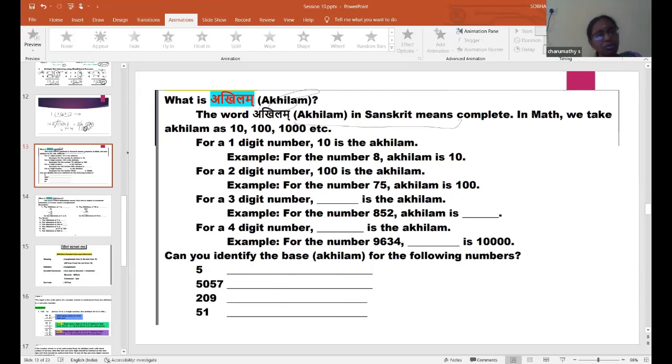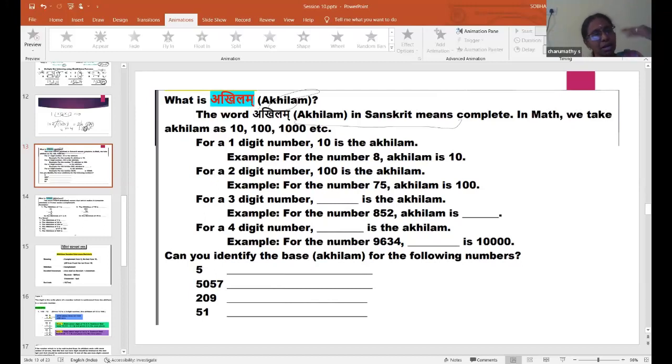For that matter, we have to reframe the word for class 5 in such a way that for any 1-digit number, the smallest 2-digit number will be the Akhilam. Same way, for any 2-digit number, the smallest 3-digit number is the Akhilam, and for any 3-digit number, the smallest 4-digit number is the Akhilam, and it goes on like this.